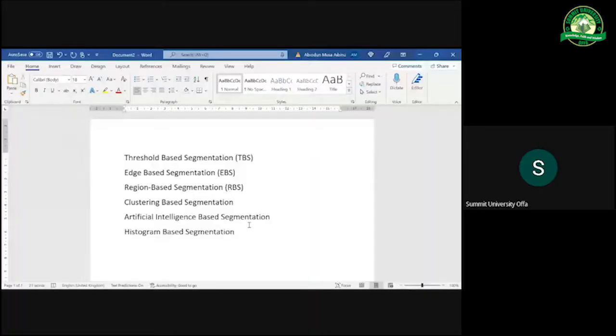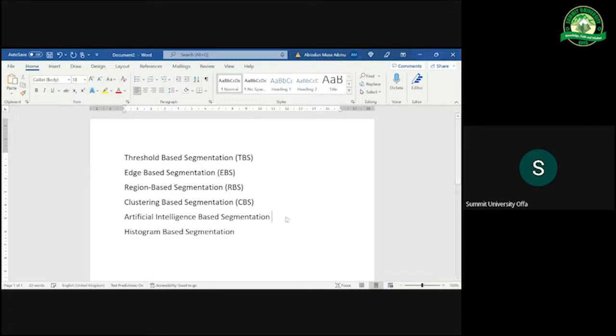We have these 6 segmentation techniques. Threshold-based segmentation, I've mentioned it. I've also mentioned edge-based segmentation. I've mentioned region-based segmentation. Now, clustering-based, what acronym do you think we can give to it? We can use CBX.